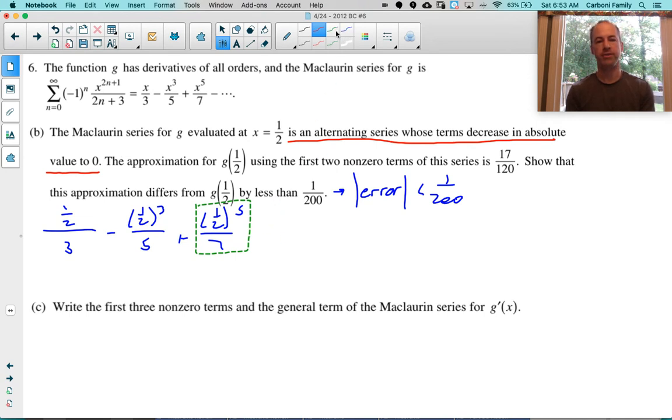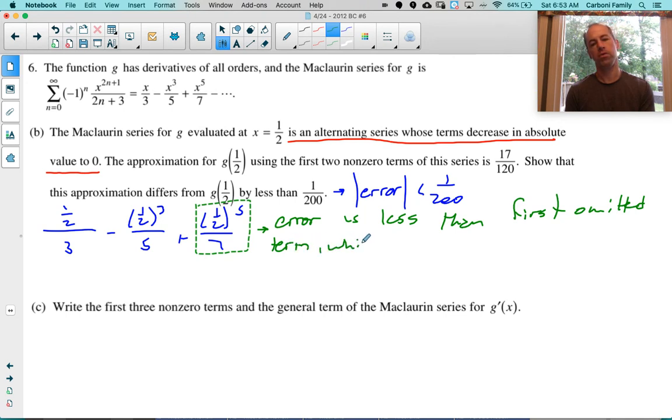So all we have to do is say that the error is less than the first omitted term, which is 1/2 to the 5th over 7, and we just have to clean that up.